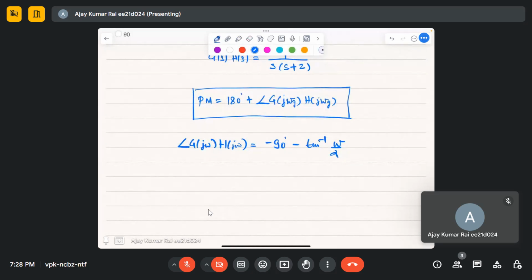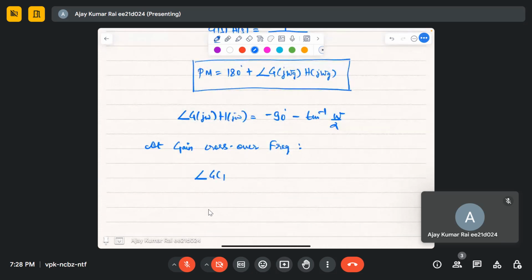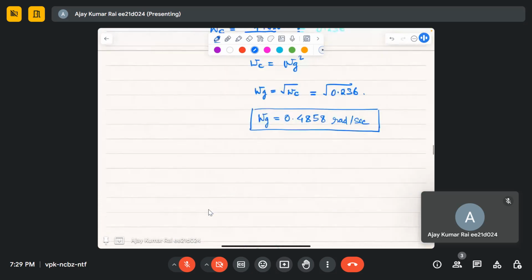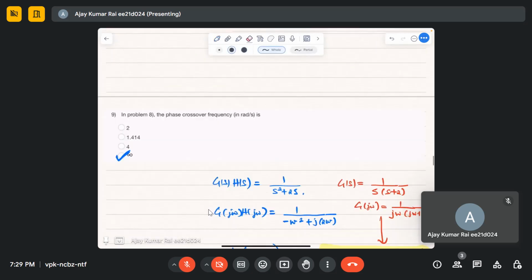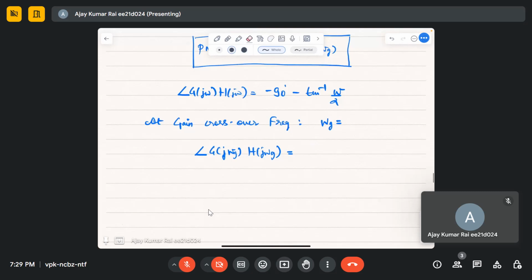At the gain crossover frequency omega g, we have to find the phase. In the 8th question we found omega g; according to the question, it is 0.486 radian per second.